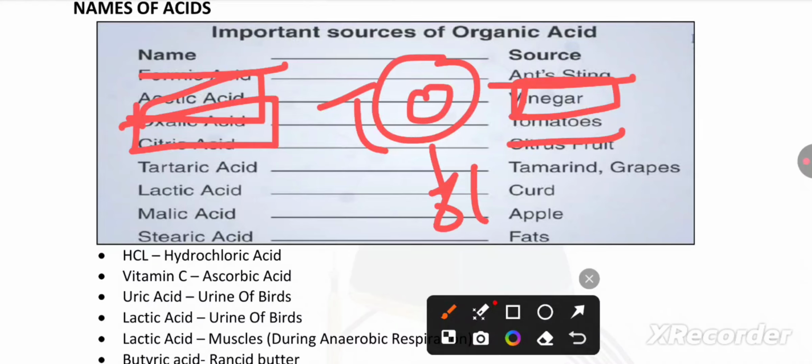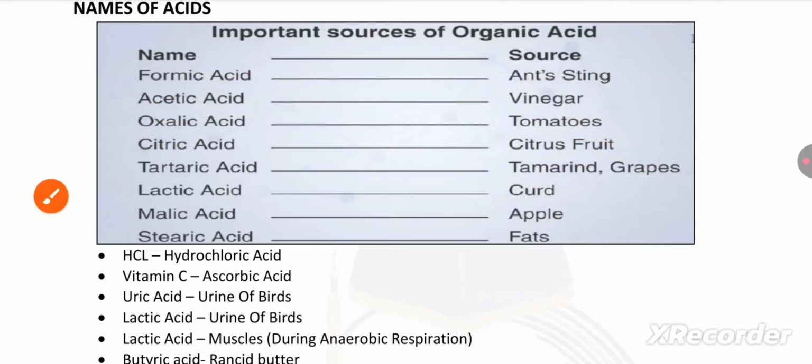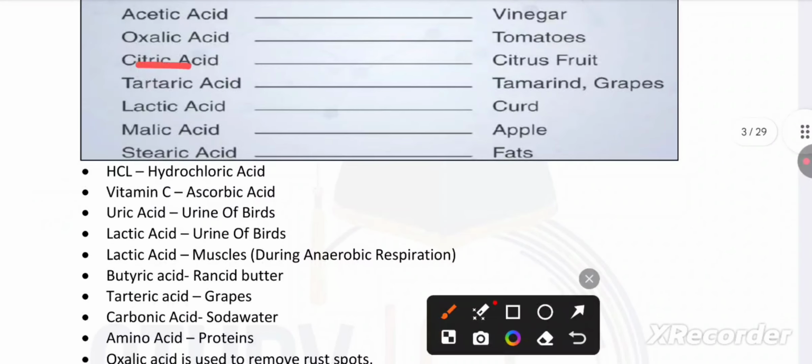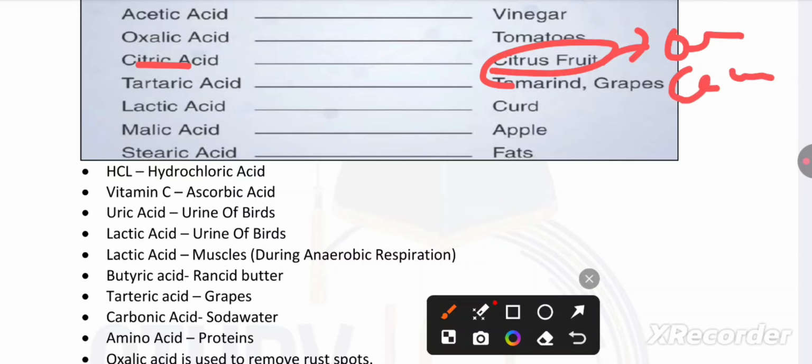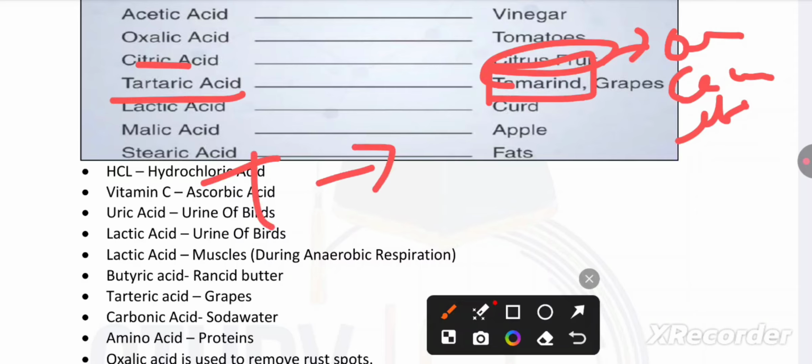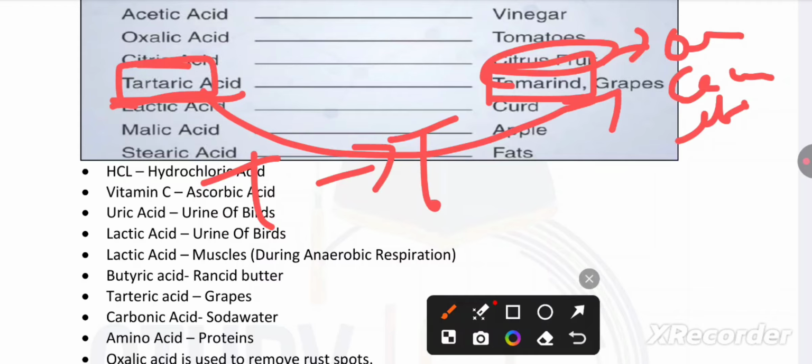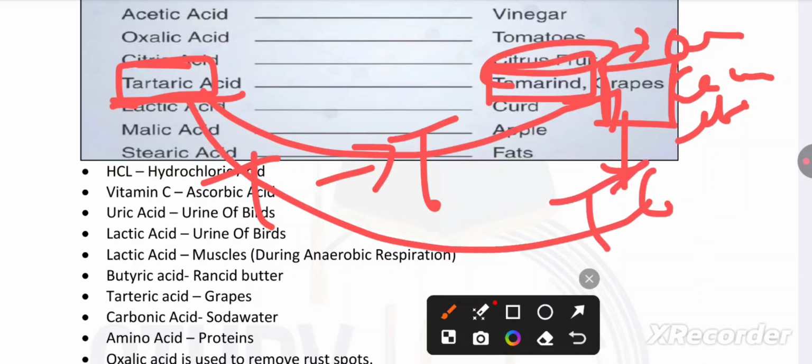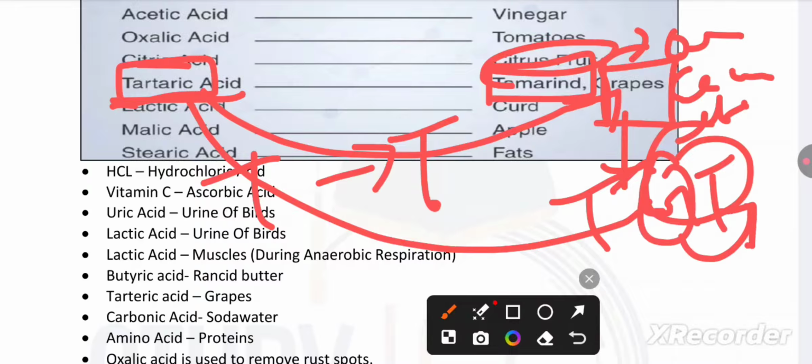TO for oxalic acid. Citric acid, citrus fruits like orange, lemon, etc. Tartaric acid, grapes. Tea, GT, Gujarat Titans. Grapes, tartaric acid.